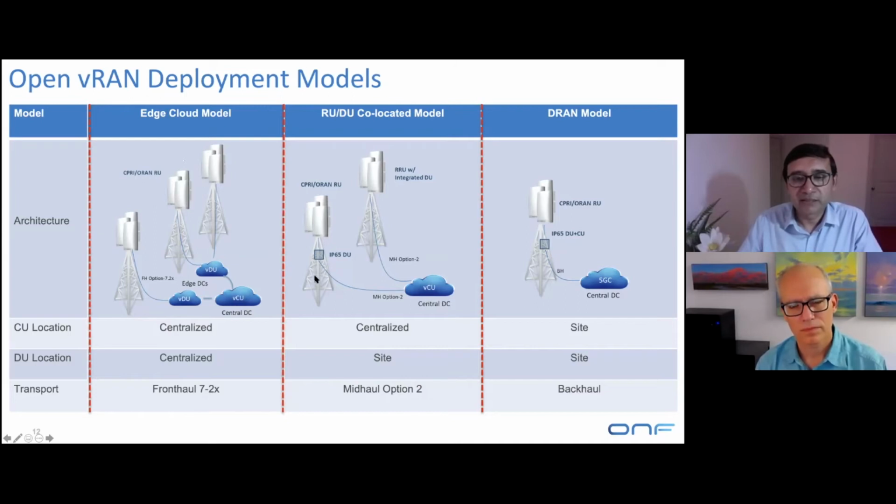And then these DU and CU are interconnected over a higher layer split, so over the F1 interface. And then we also have a full DRAN model where CU and DU both are hosted at the cell site.